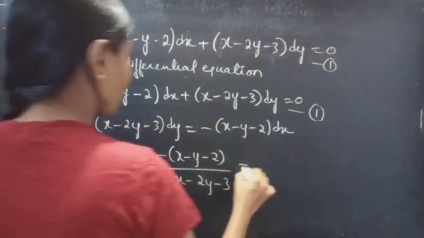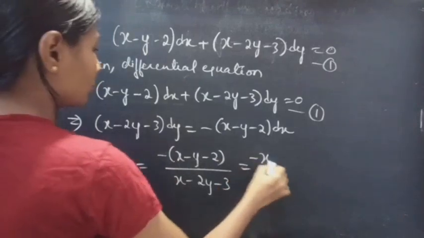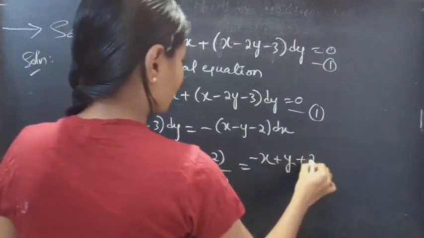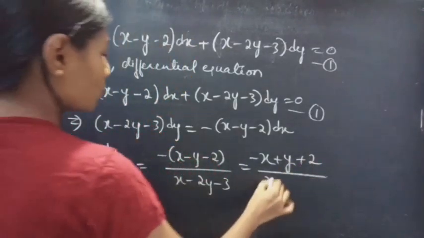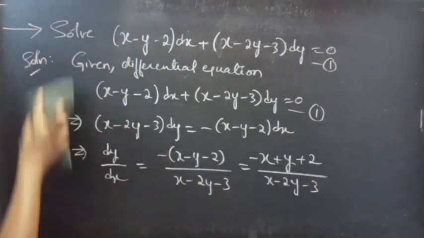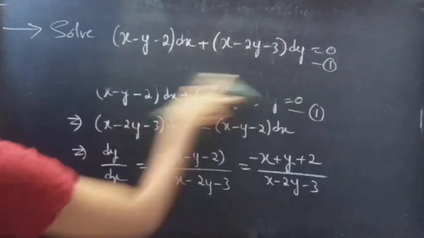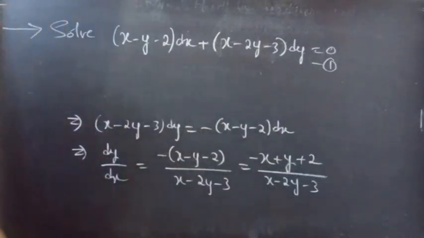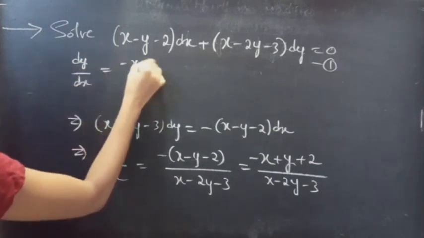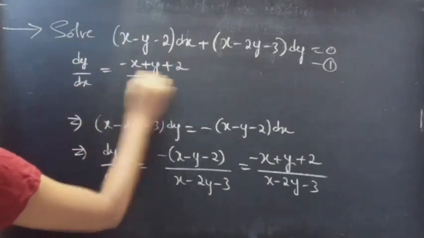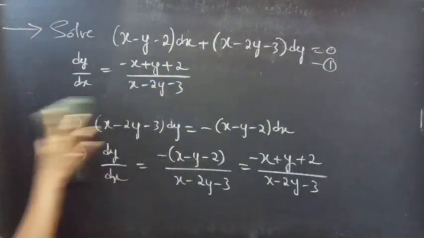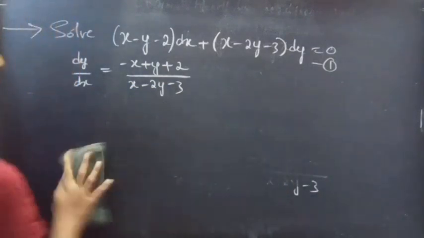This equals (−x + y + 2) by (x − 2y − 3). So we have dy by dx equals (−x + y + 2) by (x − 2y − 3). Let's consider it as equation number 2.